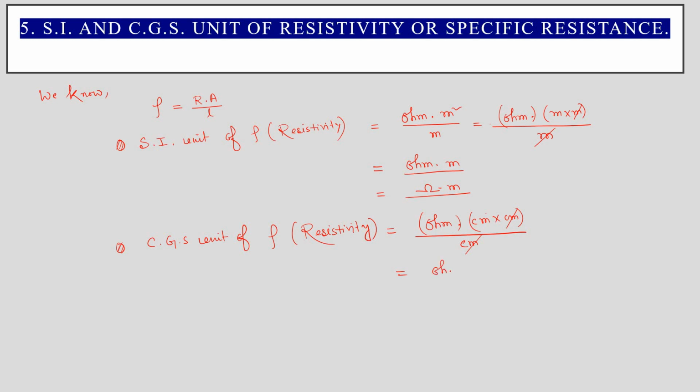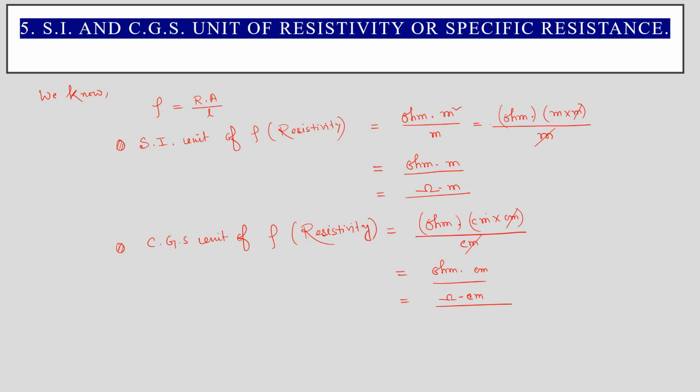Now it's ohm centimeter, or in terms of symbol ohm centimeter. This is also correct. These are the two examples of resistivity units.